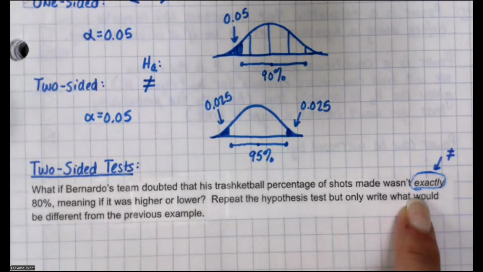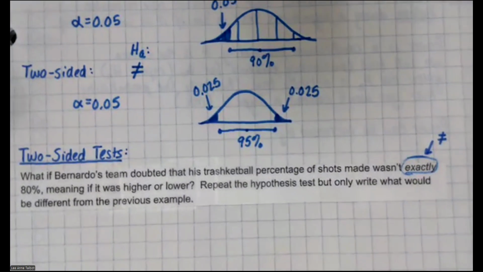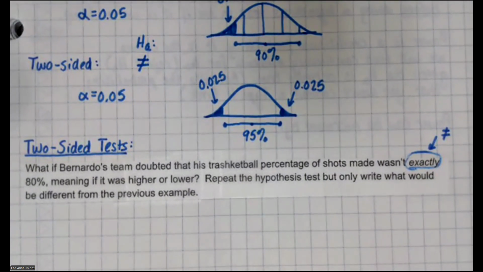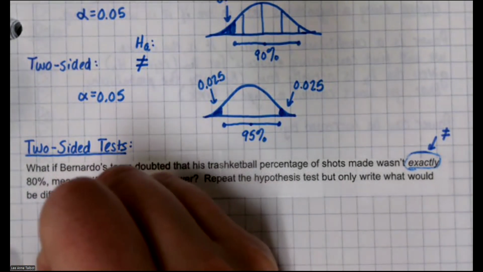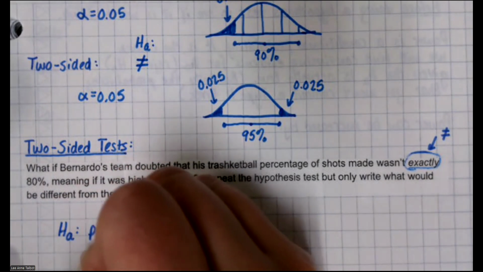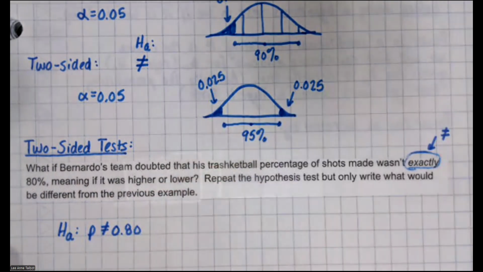That's going to be your clue right there that you're not talking about a one-sided test, you're talking about a two-sided test. By the way, sometimes they're called one-tailed and two-tailed. One-tailed and two-tailed is the same thing as one-sided and two-sided. Okay, so what does that mean for us? That means that our Ha would change to be p is not equal to 0.80.